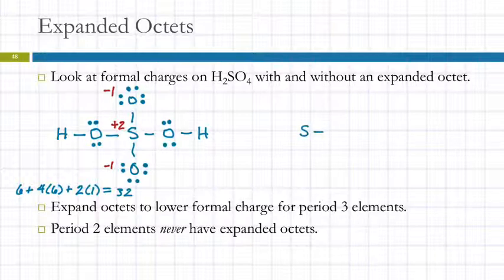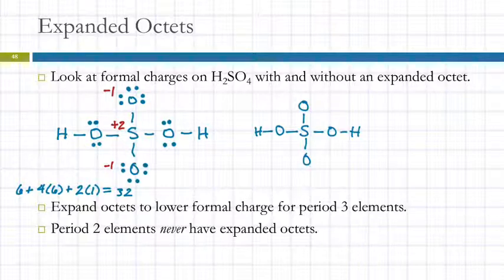So if we put the sulfur in the middle, this -1 formal charge tells me that this oxygen maybe has too many electrons, and the +2 charge on the sulfur says the sulfur doesn't have enough.